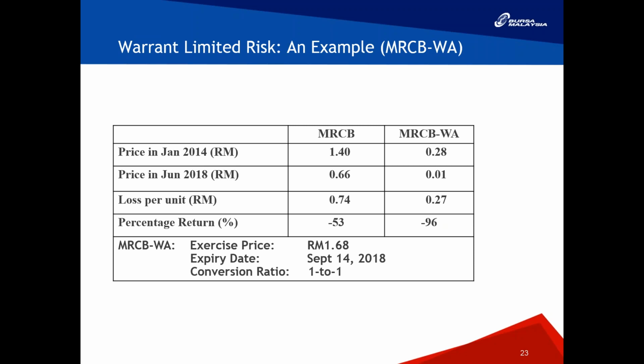But assuming that we wanted to buy 10,000 MRCB, and if you have chosen to put in to the share, you bought 10,000 MRCB shares, your loss would be 7,400 ringgit. But on the other hand, if you decide to expose yourself to this stock via the warrant, and you bought similarly 10,000 warrants, you would have expended 2,008, and even with a massive loss of 96%, your loss would be 2,007.